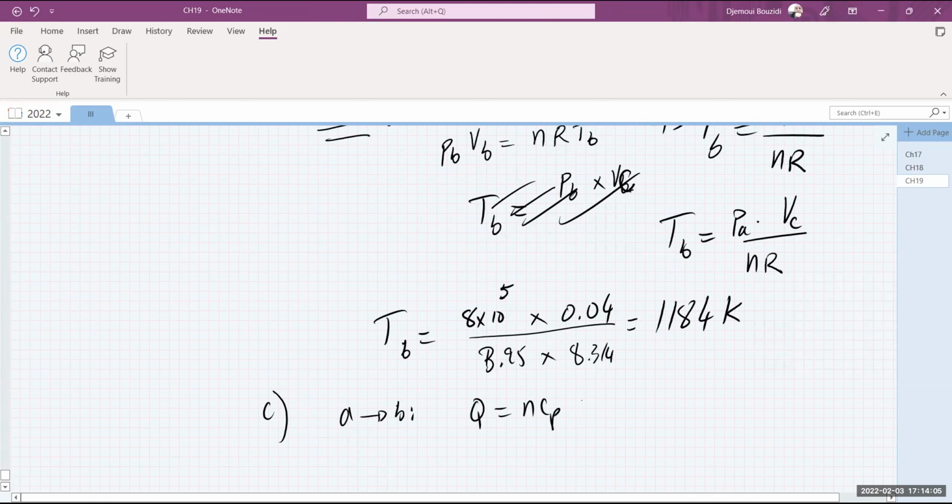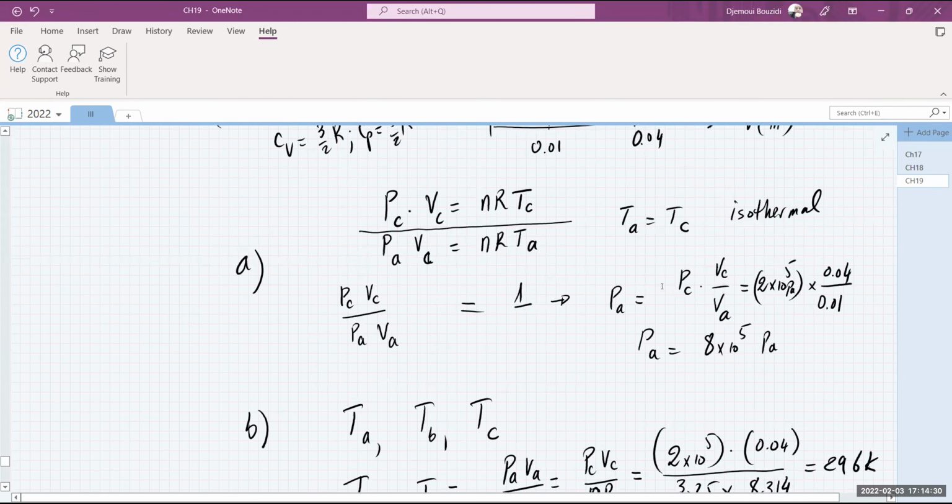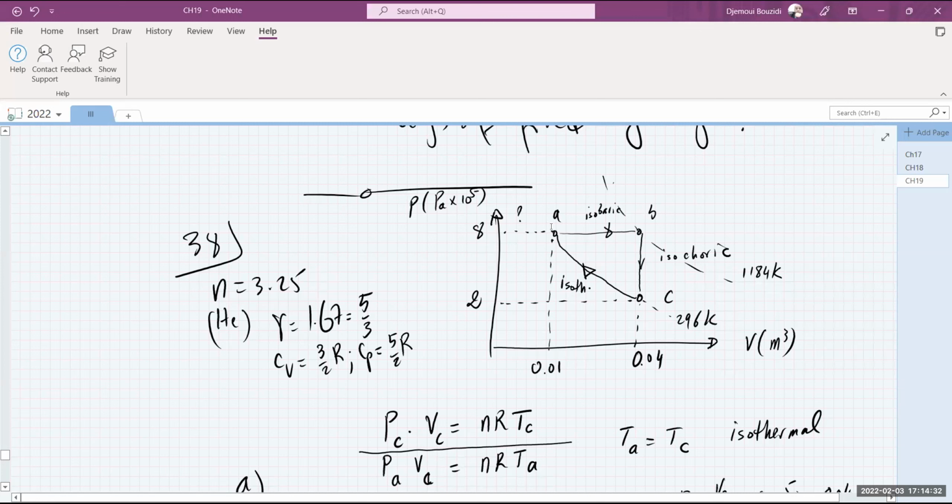Q is equal to n Cp delta T. Q is equal to 3.25 times Cp. Cp, remember, this is a monoatomic gas, so this is 5/2 times R times delta T. Delta T is 1184 minus 296, so in going from this temperature of 296 to this temperature of 1184.